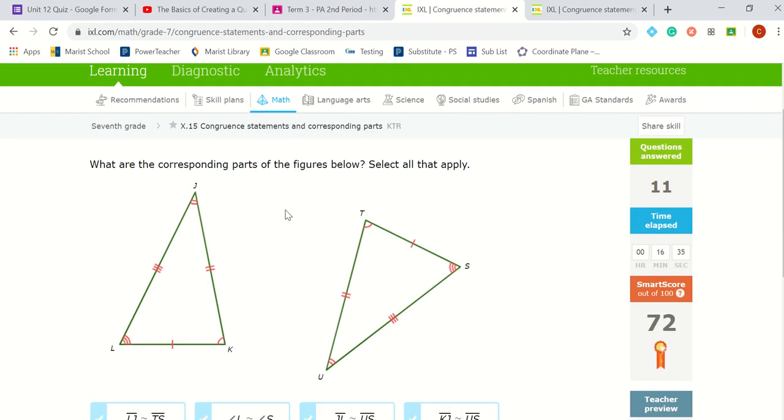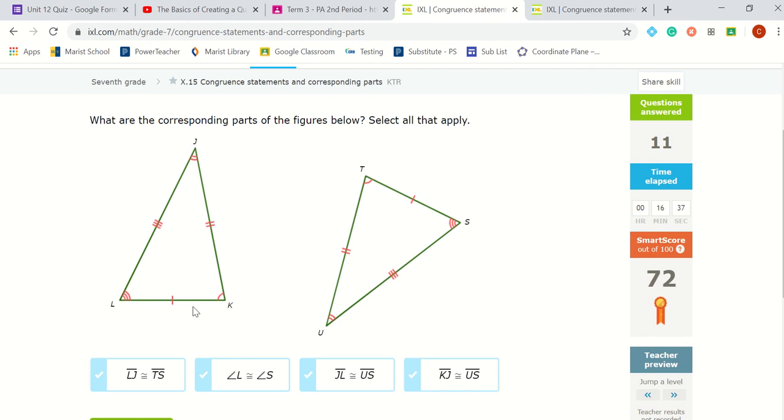All right. What are the corresponding parts in the figure below? Again, 2 arcs congruent to 2 arcs, 1 arc congruent to 1 arc, 3 arcs congruent to 3 arcs. Same thing for the tick marks. 1 tick mark congruent to 1 tick mark, 2 tick marks congruent to 2 tick marks, 3 tick marks congruent to 3 tick marks. So LJ is 3 tick marks. TS is 1 tick mark, not congruent. Angle L is 3 arcs.